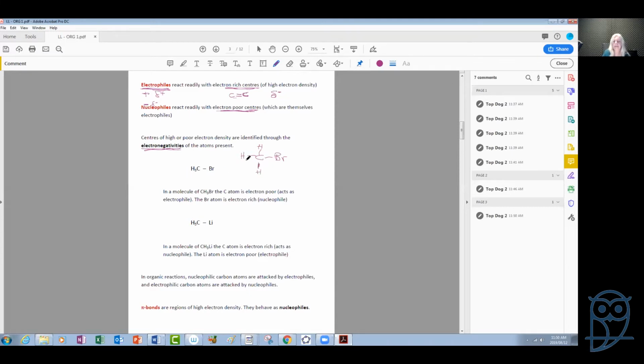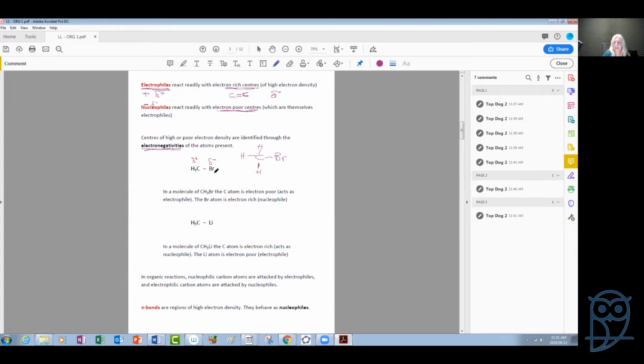It's a saturated hydrocarbon. But now the bromine atom, we know it's very electronegative. So between bromine and carbon, the bromine, being the most electronegative, will have a partial negative charge, and the carbon will have a partial positive charge.